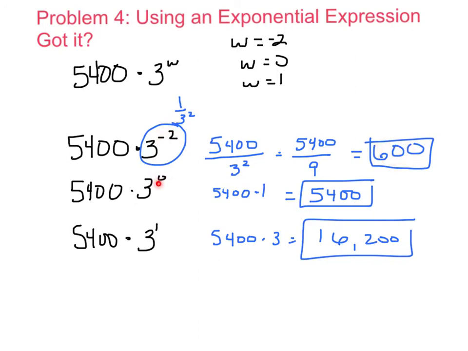Zero is actually going to be right now. So currently right now there are 5,400. 2 weeks ago there was 600. And in 1 week, the population of insects will be 16,200.